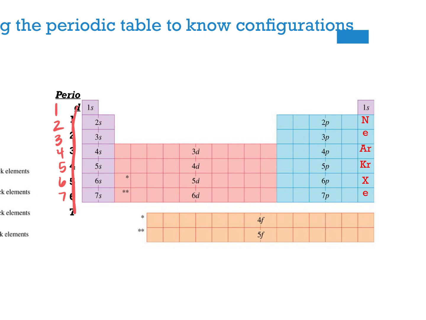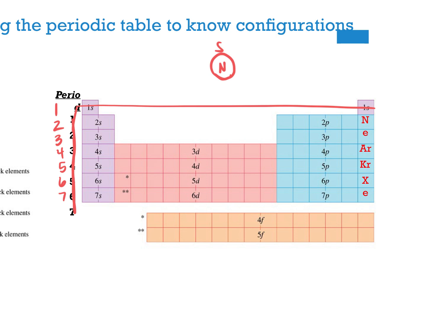The first row or period on the periodic table only has 2 elements in it. And that's because in the first energy level, if this is my nucleus, there is only an s orbital available. In the first energy level, there's only one s orbital available, and it can only hold 2 electrons. So now do you see how that corresponds to the first row on our periodic table? It only has 2 elements.